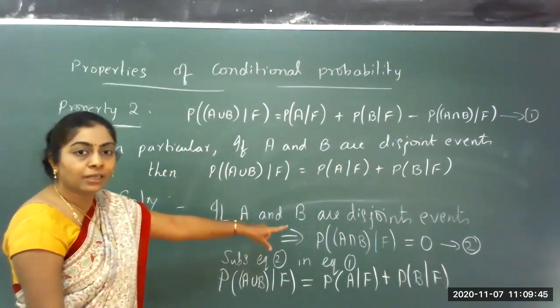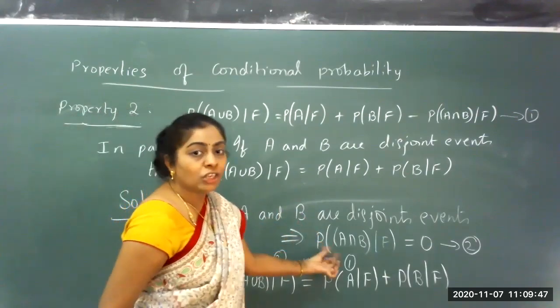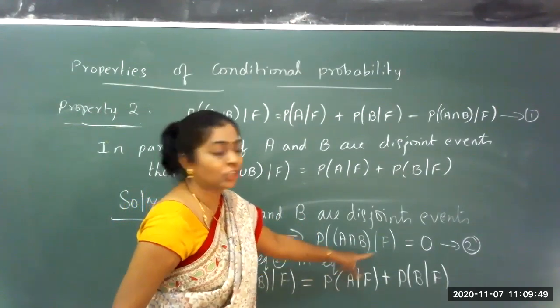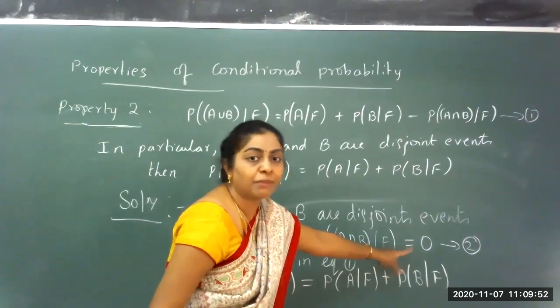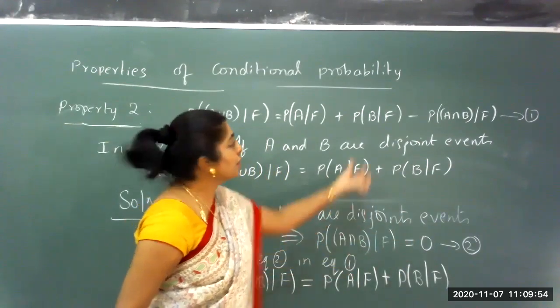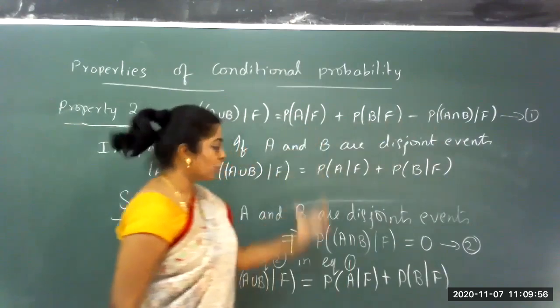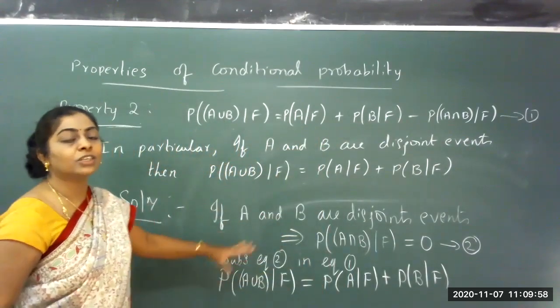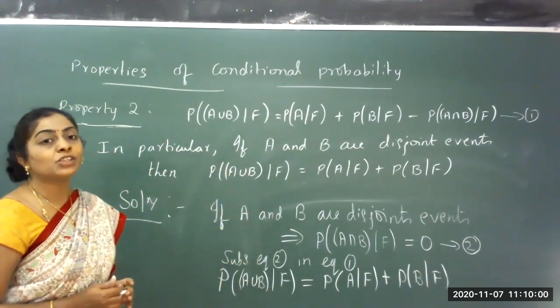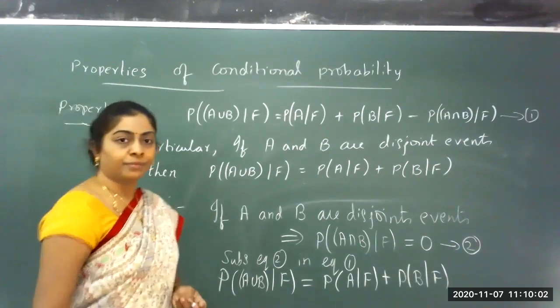So if A and B are disjoint events, the conditional probability of A intersection B when event F has occurred is 0. If this becomes 0, then it is only the sum. This is the condition when A and B are disjoint events.